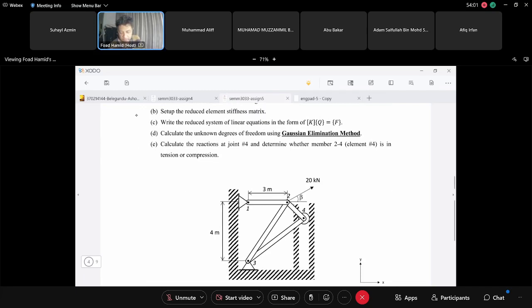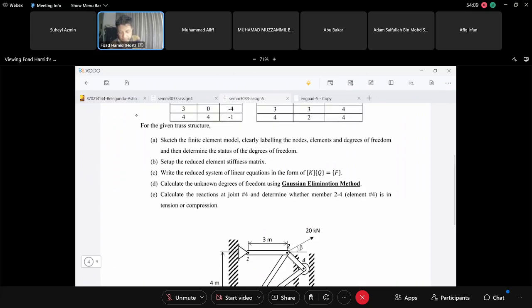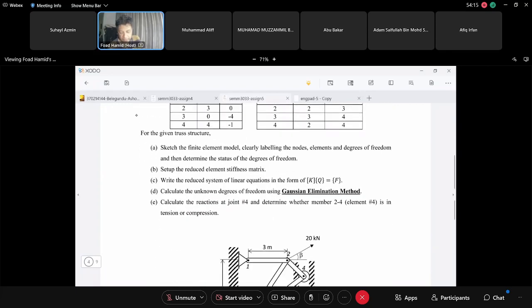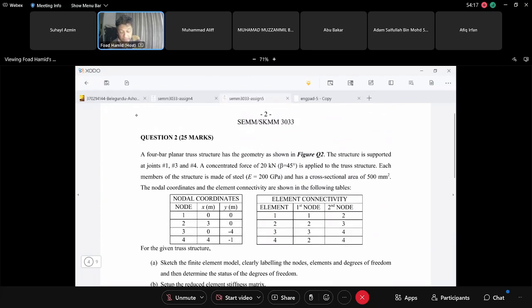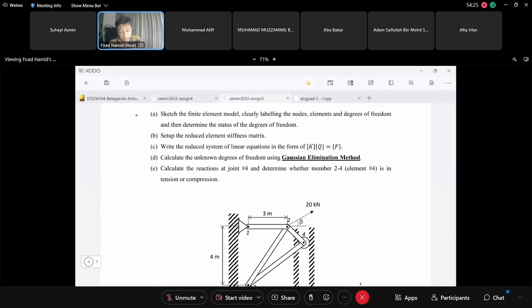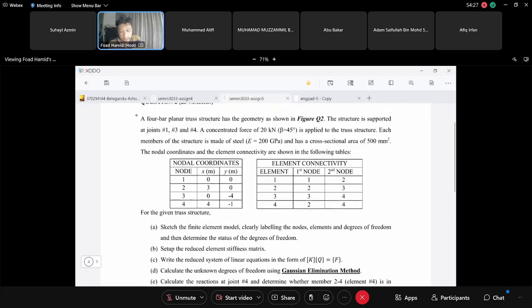So this one and this one are our boundary conditions. And a concentrated force of 20 kilonewton, which is this one, and an angle beta, which is 45, is applied to the structure. Each member of the structure is made of steel. So basically all members have the same material properties and a cross-sectional area of 500 millimeter square.